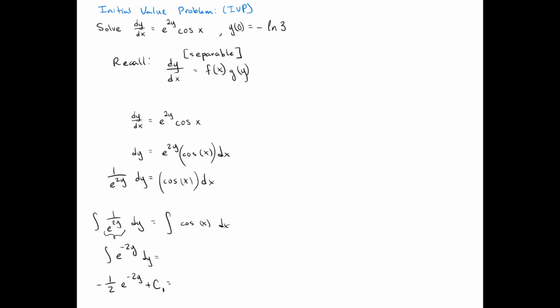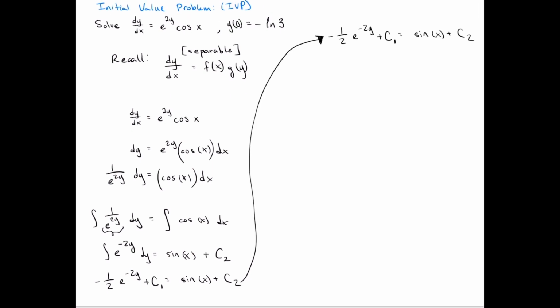And then let's solve the integral on the right side. So the integral of cosine x will become sine x, and then plus c, I'll denote it as plus c sub 2. So if we equate these two, it becomes this new equation.